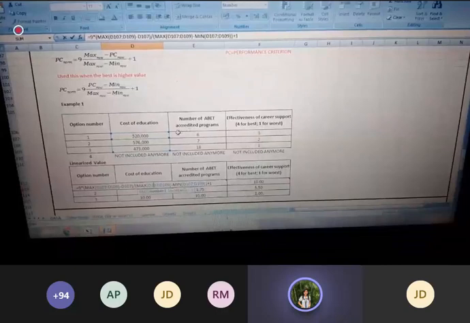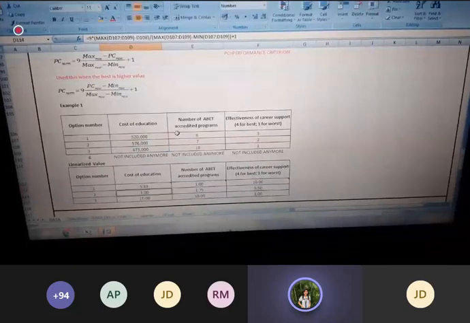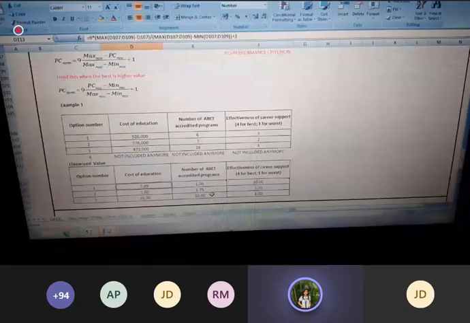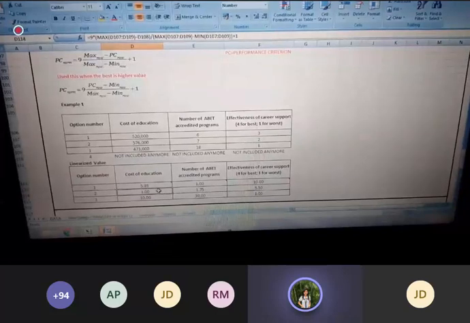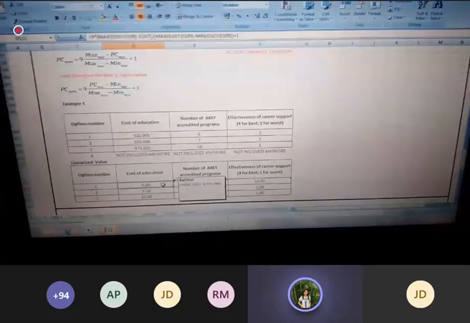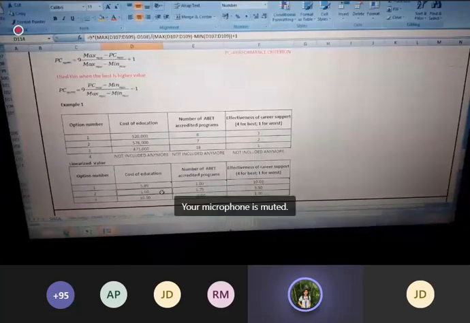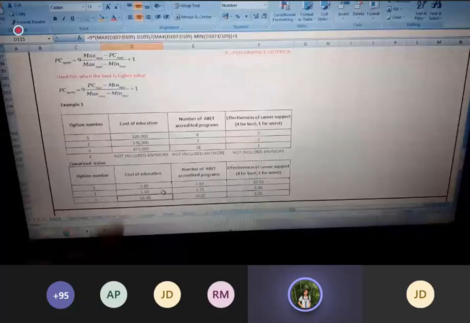Then plus 1. So this would be the result. Then just copy that in Excel, Control C, then Control V for the next, and Control C and Control V for the next.